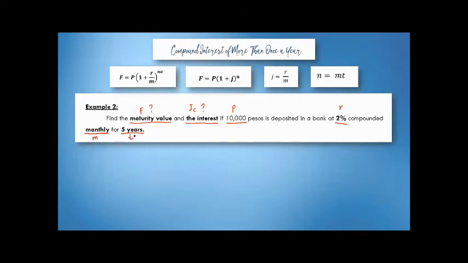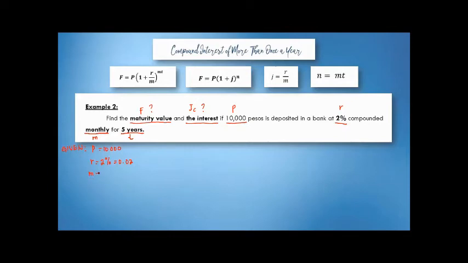So analyze ulit natin, i-rewrite natin ang given. So we have principal amount of money, 10,000. Again, we have the rate of 2%. So alam na natin na ang decimal niyan is 0.02.